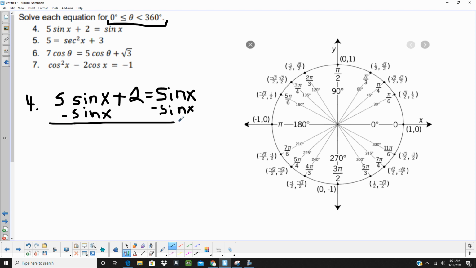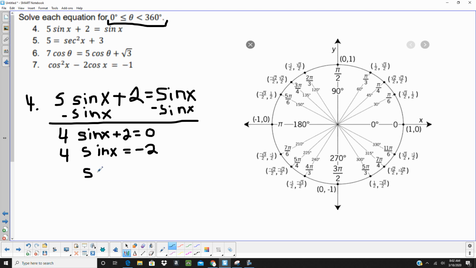That is going to give me 4 sine x plus 2 equals 0. Subtract 2. 4 sine x equals -2. Divide by 4. -2 divided by 4 is -1/2.